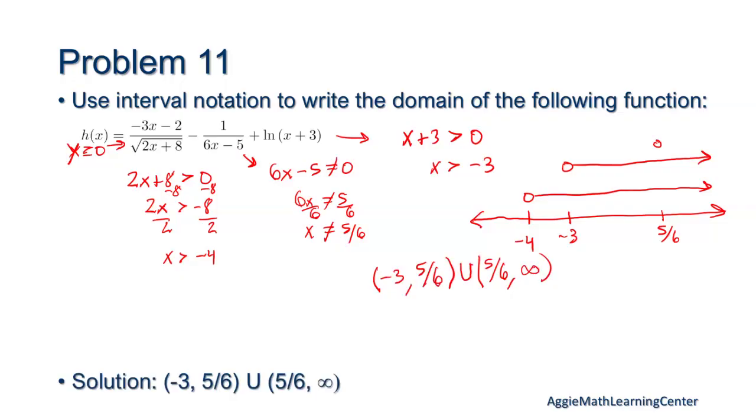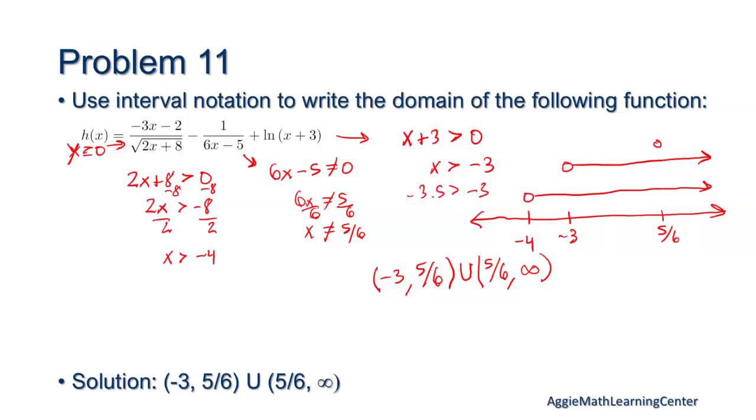Any questions with that? Yeah. Why didn't you put a negative 4 again? So we have all this included with negative 4, right? Say if we plugged in negative 3.5. For this first one, it would be okay, right? Negative 3.5 is greater than negative 4. But say we plug in negative 3.5 here for x.